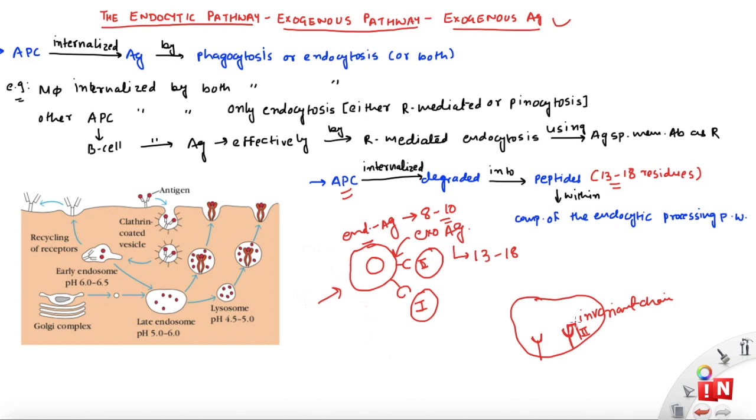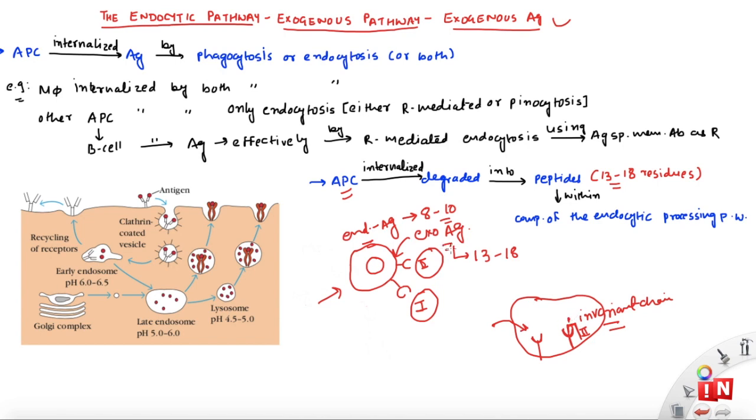In short, the MHC class II cleft, where the peptide has to bind, is always physically occupied. MHC class 1 is open but class 2 is occupied. You know that MHC class 2 is available only when there is exogenous antigen. So if there is an endogenous antigen, it has only MHC class 1 where it will go and bind, but MHC class 2 is blocked.